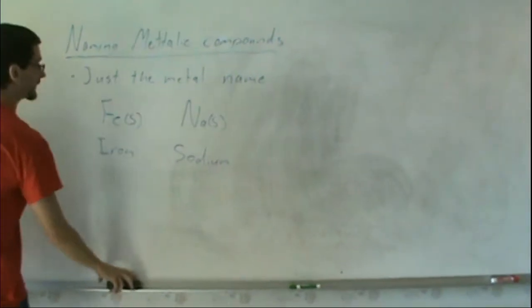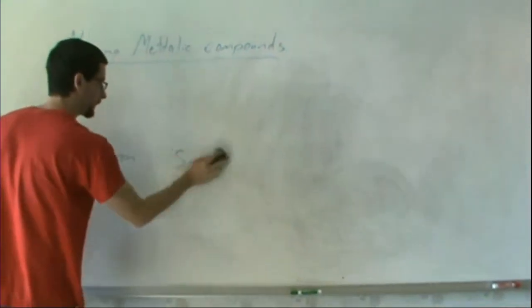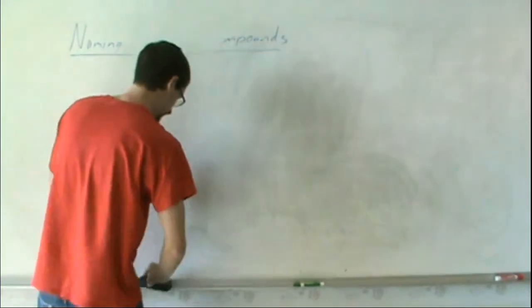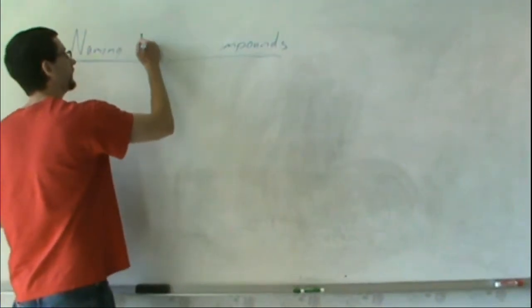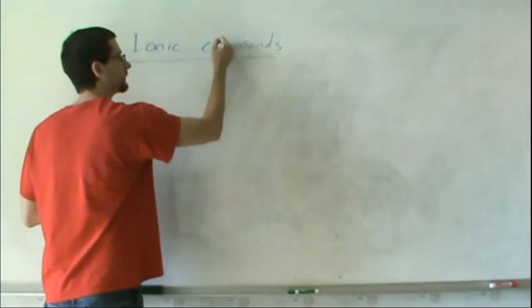Now let's talk about ionic compounds. Ionic compounds are a little more difficult because you just don't have one thing in them. You have a metal and a non-metal.